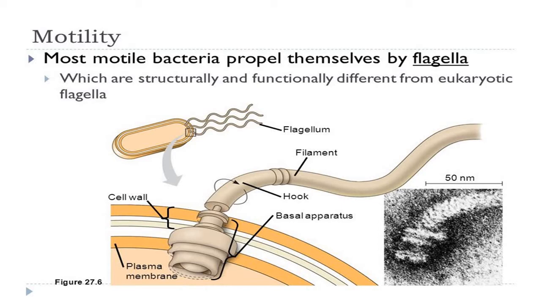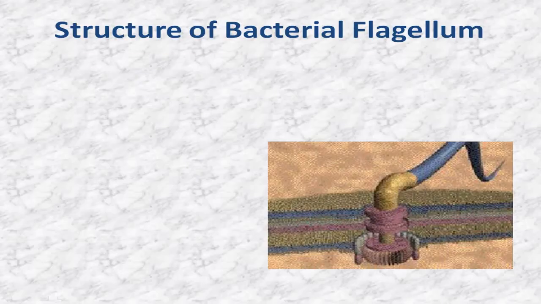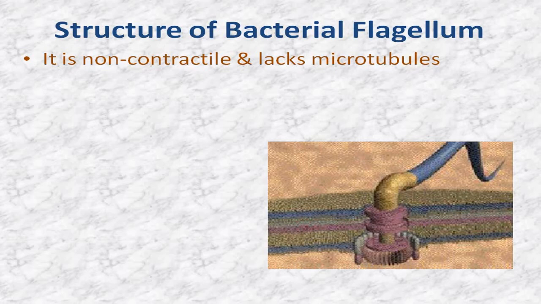Now the structure of the flagellum, that is, the bacterial flagellum, which is different from the eukaryotic flagellum. As you can see, it consists of three parts: ring, hook, and filament. The bacterial flagellum is different from the eukaryotic one because it is without any microtubules and it is non-contractile.